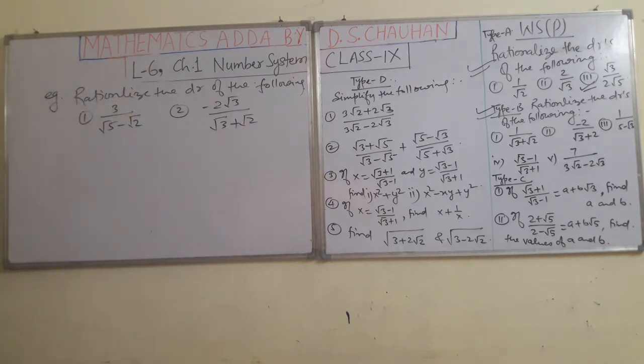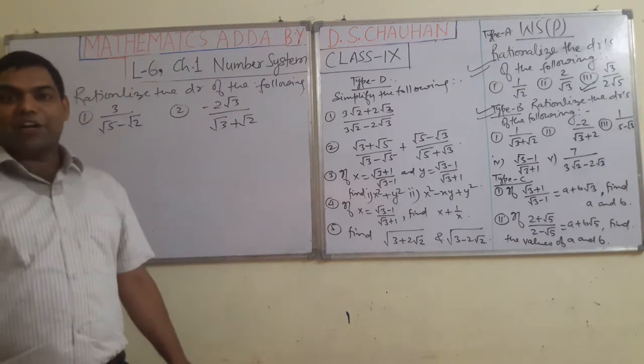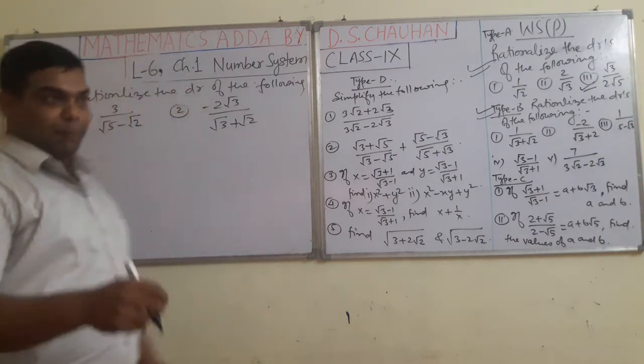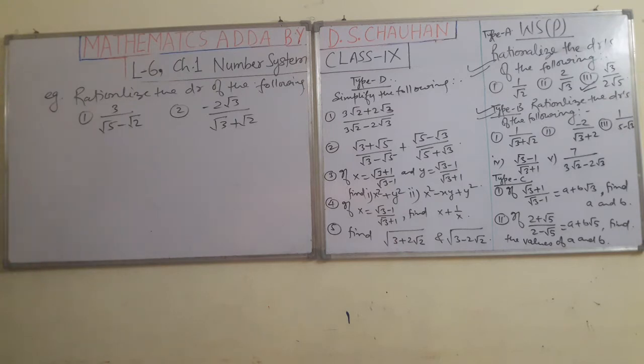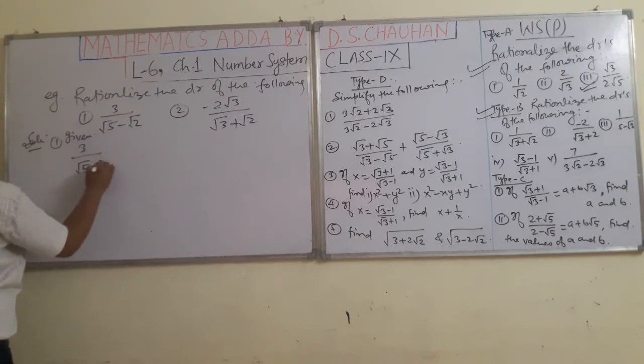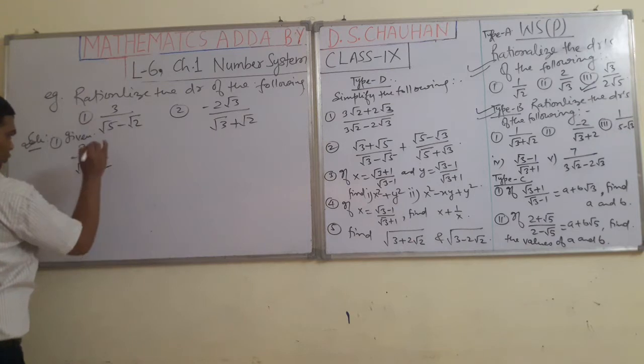We have to rationalize the denominator of these given irrational numbers, or you may say real numbers, because you know all irrationals are real. Okay, solution. One by one I am telling you. Solution of the first: 3 upon under root 5 minus under root 2.